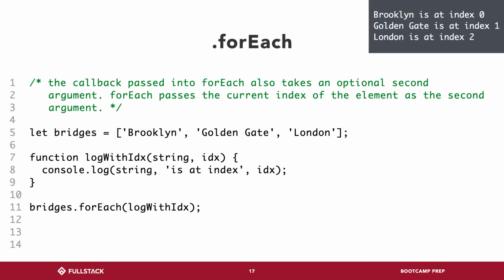So index would now be the bridge, and string would now be the index. So it'd be like 0 is at Brooklyn. So know what the order is. This is case specific for forEach. Know what the parameters are going to be and name them accordingly. Okay.